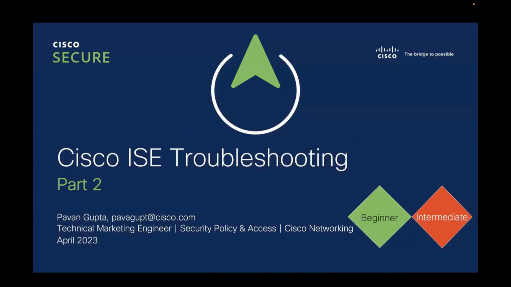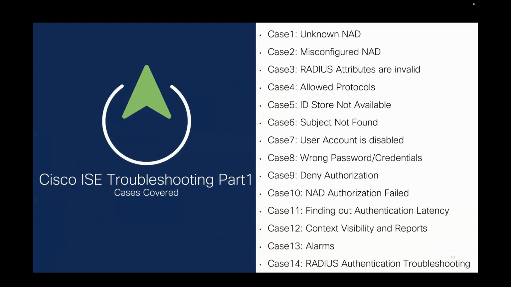So we covered Cisco ISE Troubleshooting Part 1 in the last month's webinar, and this is going to be a continuation of that topic. Just to let you know, we covered most of the aspects around AAA: when an unknown network device is configured, a misconfiguration on the network device, invalid RADIUS attributes, allowed protocol, and so on and so forth.